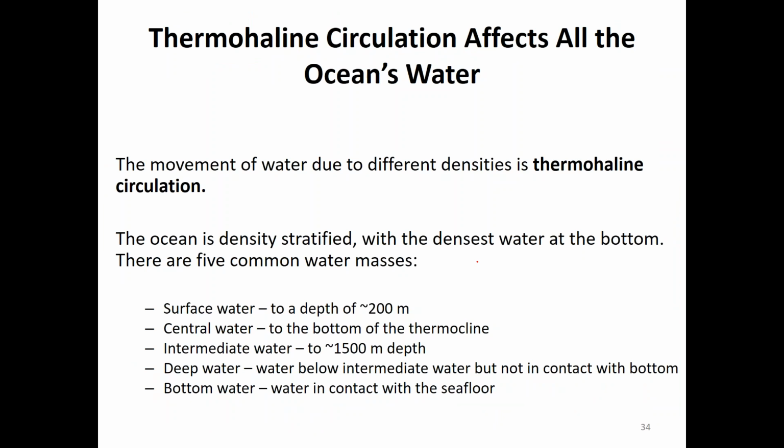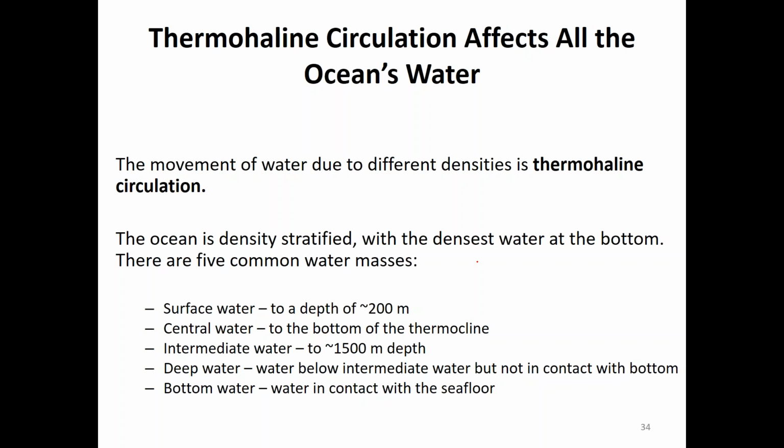So next we're going to talk about thermohaline circulation. In its name, thermo is temperature and haline means salinity. Thermohaline circulation is the movement of water driven by differences in water temperature and salinity.